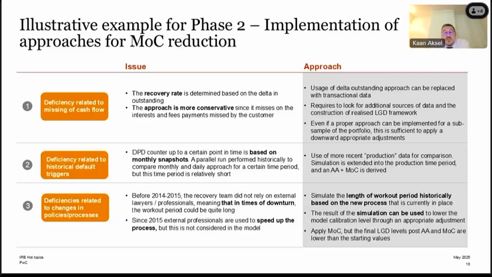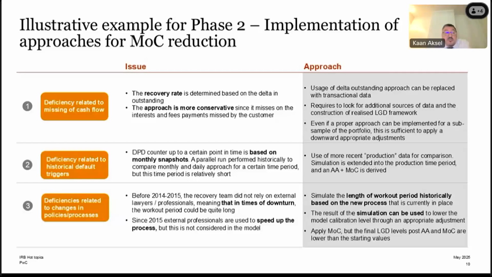Secondly, deficiency related to historical default triggers might be one of the key findings where we might be able to improve the situation. Here, obviously, we also need a parallel run historically that we need to perform month on month or daily for a certain time period to make sure that our assessment is basically correct.